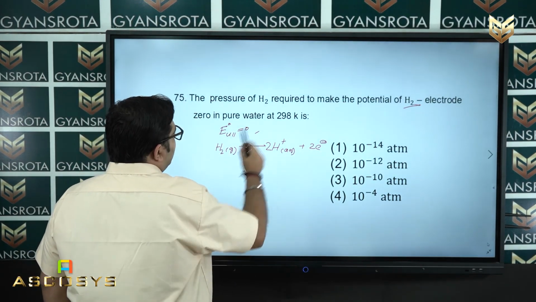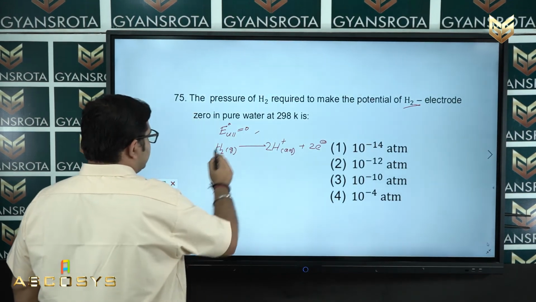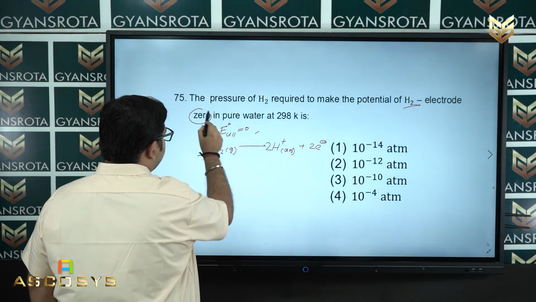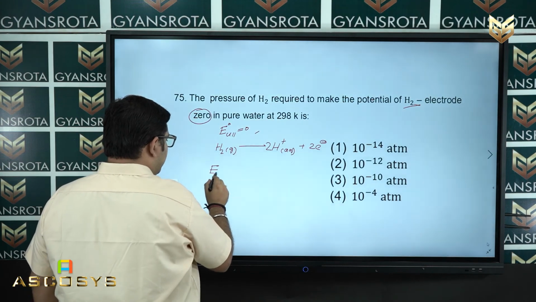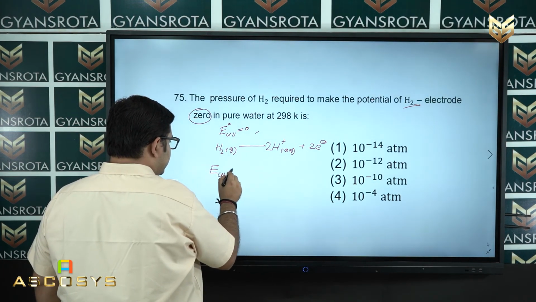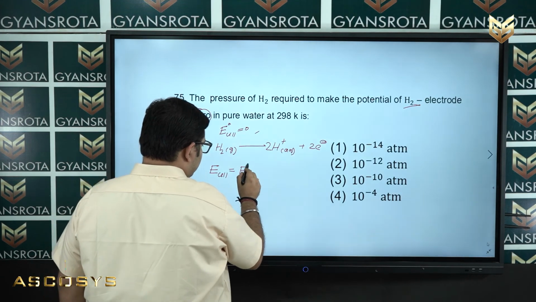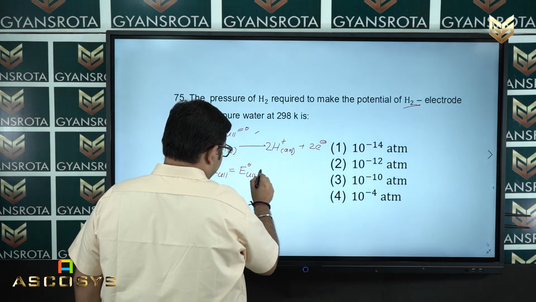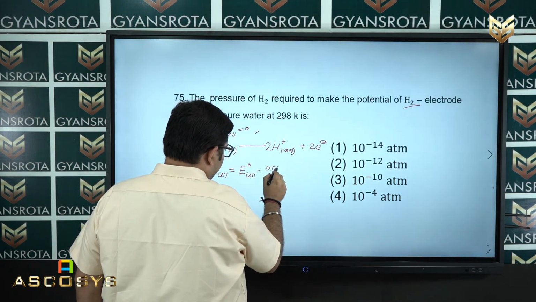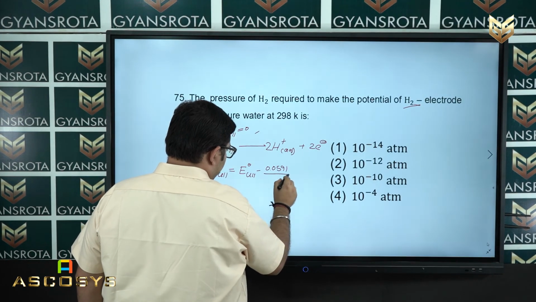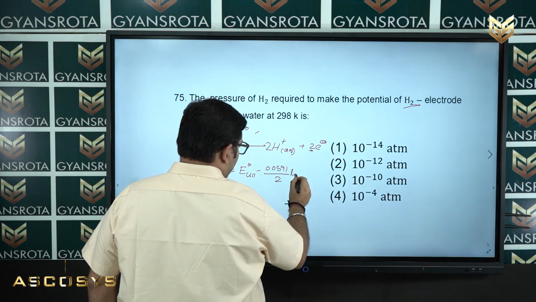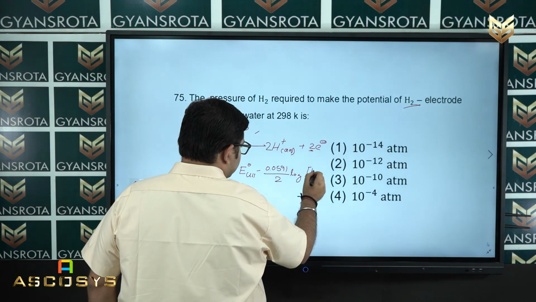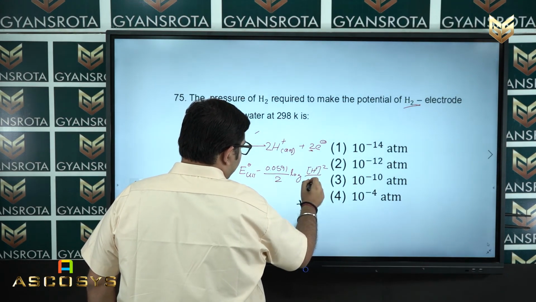Now for hydrogen electrode, E naught cell is equal to 0 and we have to make E cell 0. So what formula are we going to use here? E cell equals E naught cell minus 0.0591 by n, and what is the value of n here? 2. So 2 log of H plus concentration by pH2.